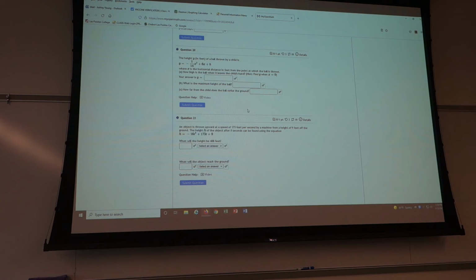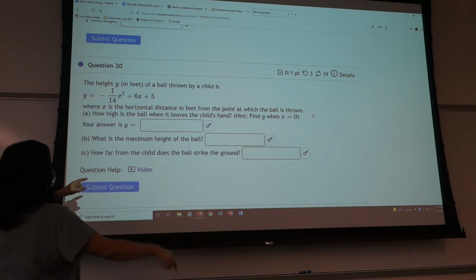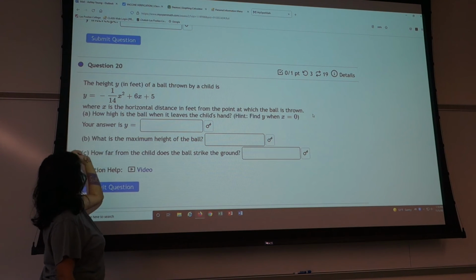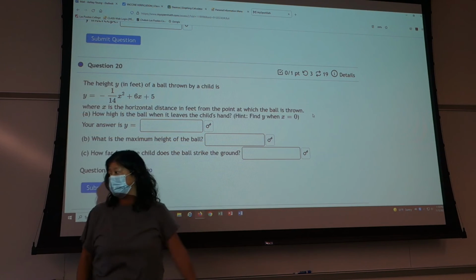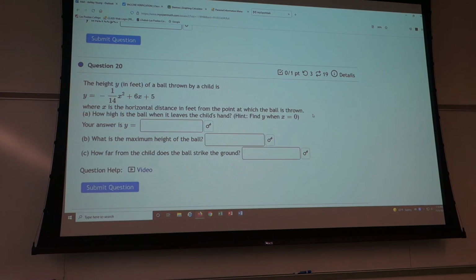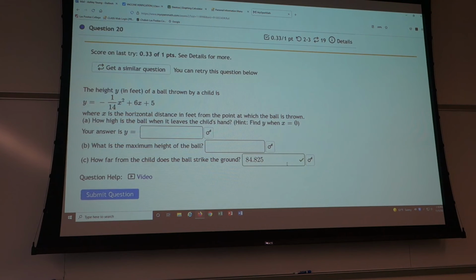So for the question, where it hits the ground, we would do the positive one, the 96.824 feet. So they're going to want something along the lines of, if I put in 84.825, it'd count as correct.